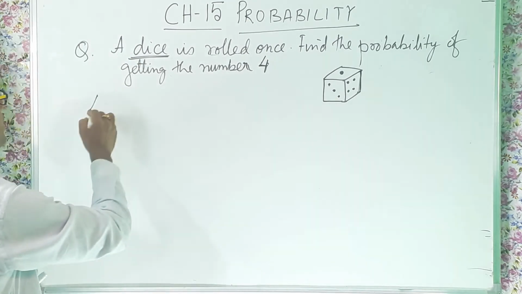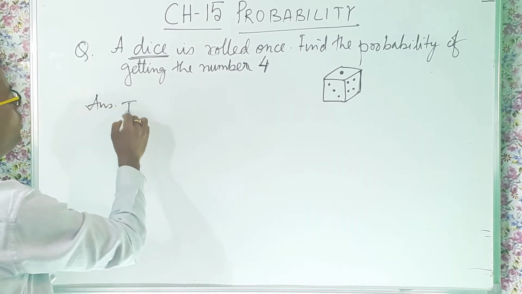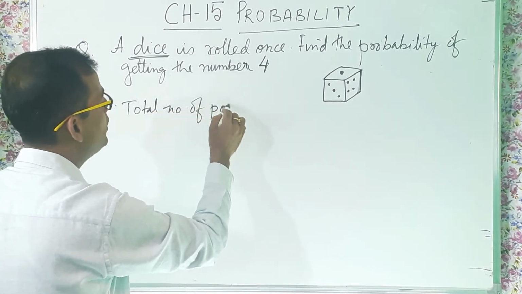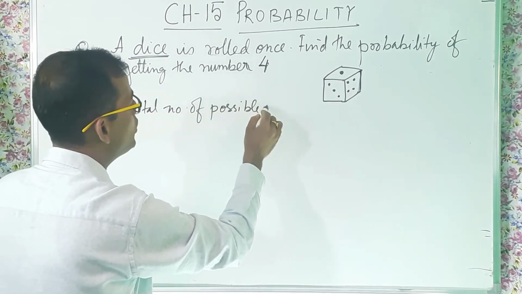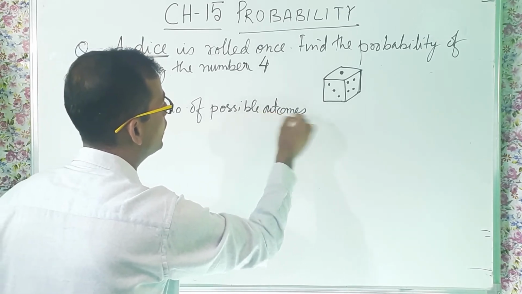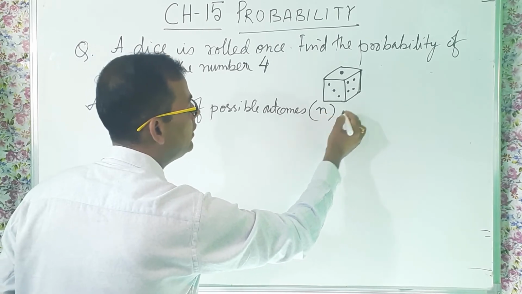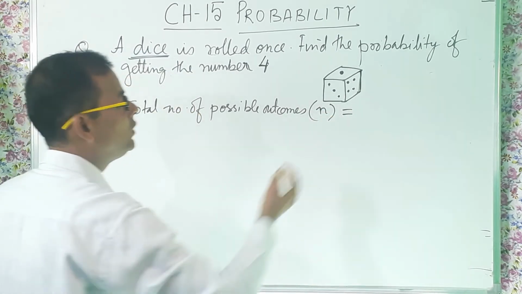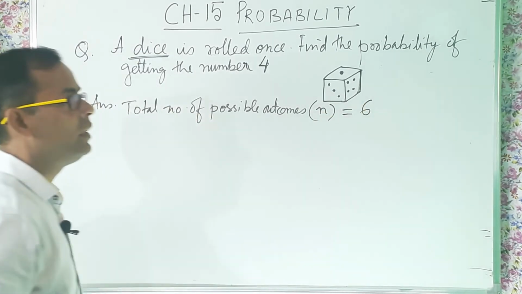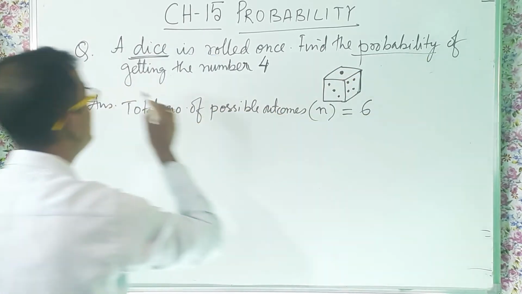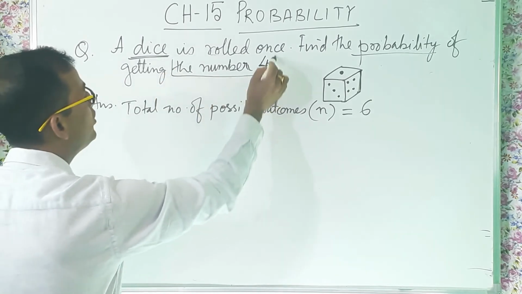So first sentence I will write here: total number of possible outcomes, and that is n, and it is 6. Now what is the question? They are asking to find the probability of getting the number 4.